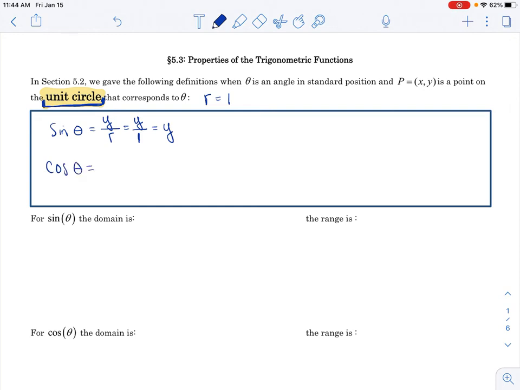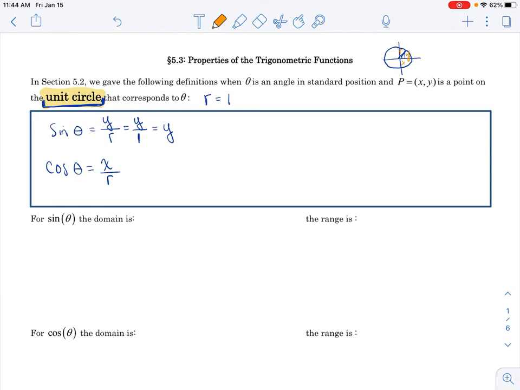Your definition of cosine, which we learned when we first met, is adjacent over hypotenuse. Let me go ahead and give us a circle. Not the best circle, but here you go, and your angle is here. That's your r, this is your x, this is your y.